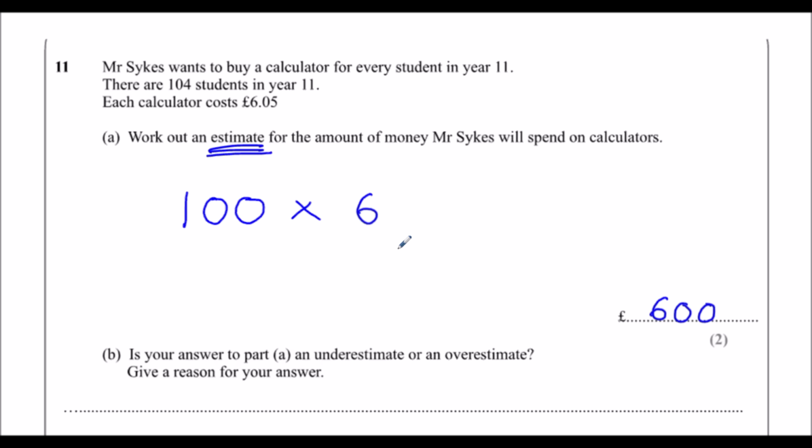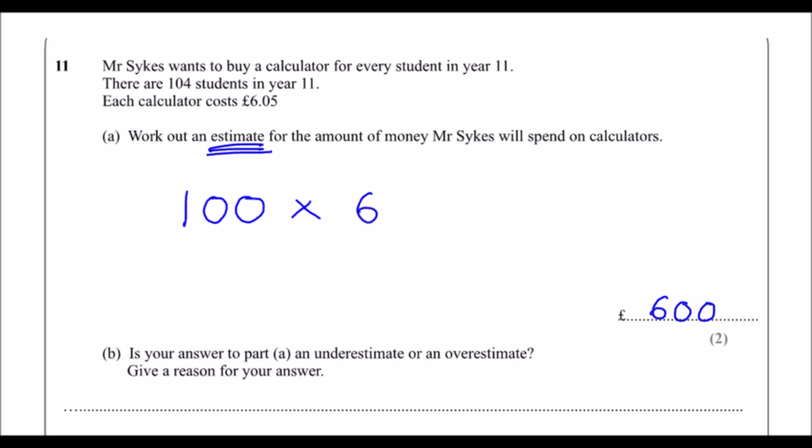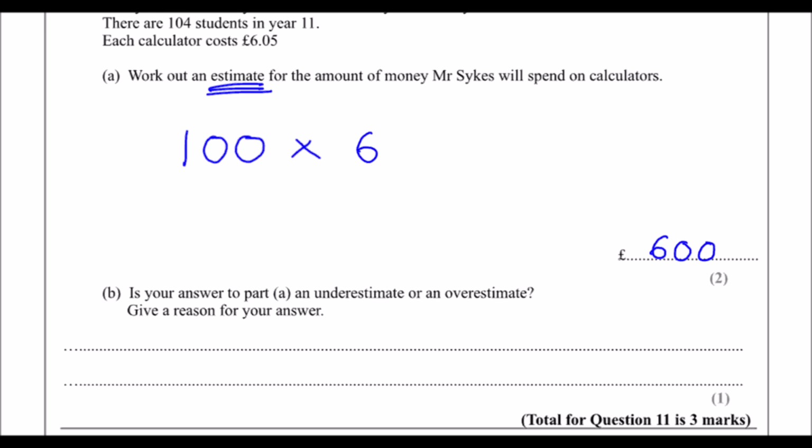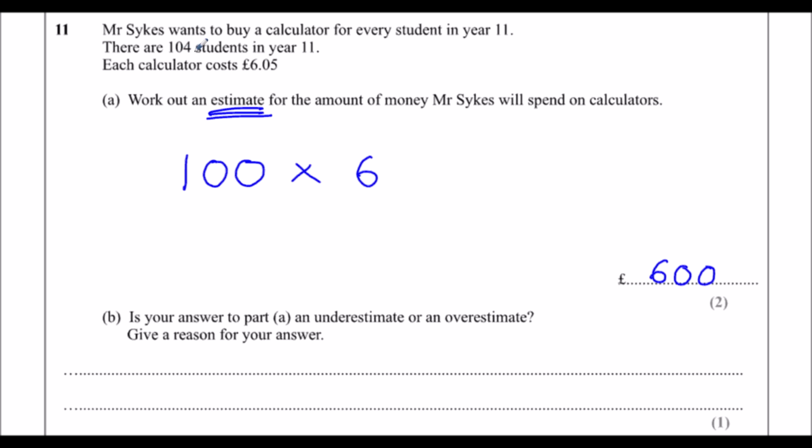Is your answer to part A an underestimate or an overestimate? Give a reason for your answer. So we've rounded the number of students down and the cost down, so we must be underestimating. It's actually going to cost more. So it's an underestimate.